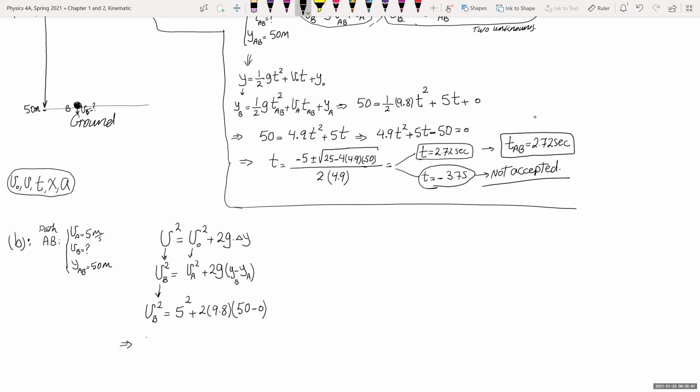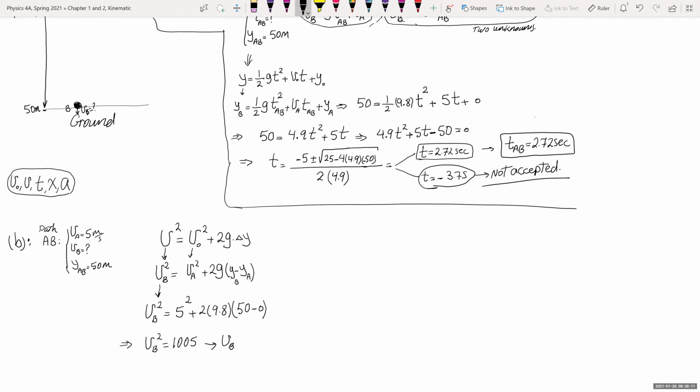Therefore, VB squared is, find the answer please, 25 plus 100 times 9.8, which is 980. So if you take the square root of that, I got 1005.